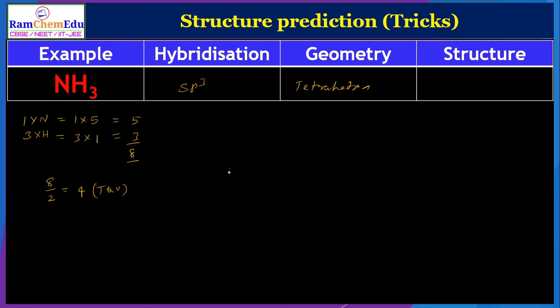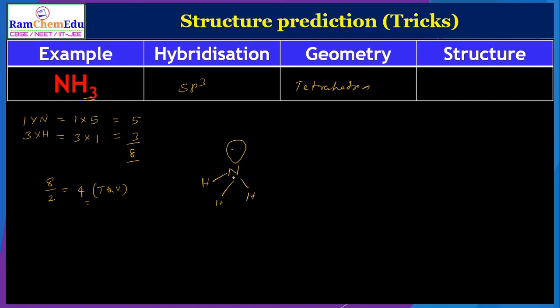And here we can draw the structure now. This is the central atom and we have only 3 surrounding atoms. So one place must be a lone pair. Whenever the total quotient value is not equal to the number of surrounding atoms, the missing places we can put as lone pairs. That's it. So now this is the structure. While drawing the structure, you don't consider this lone pair, and the remaining thing we have to consider.